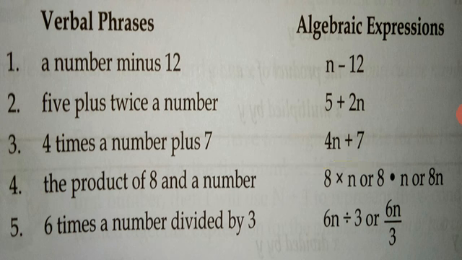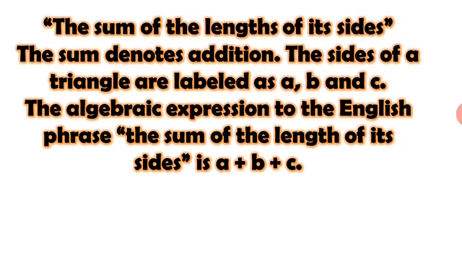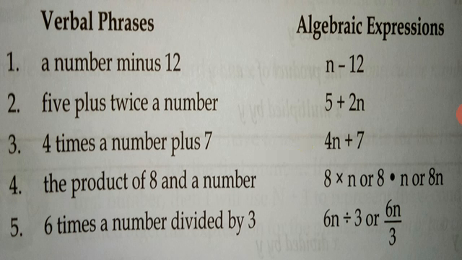Here are some examples of algebraic expressions and their verbal phrases. If you say a number minus 12, then it can be written as the algebraic expression n minus 12. A number, let's say that is n, minus, the sign minus, then 12.